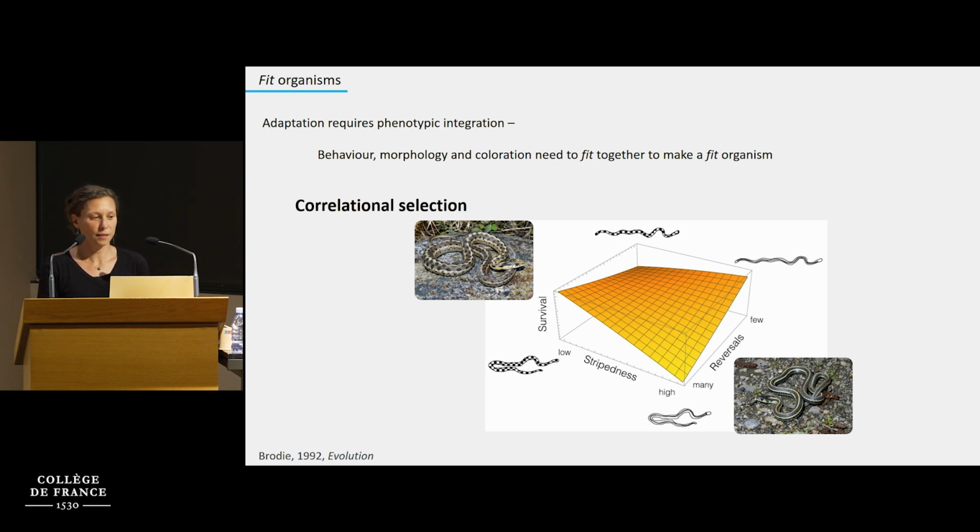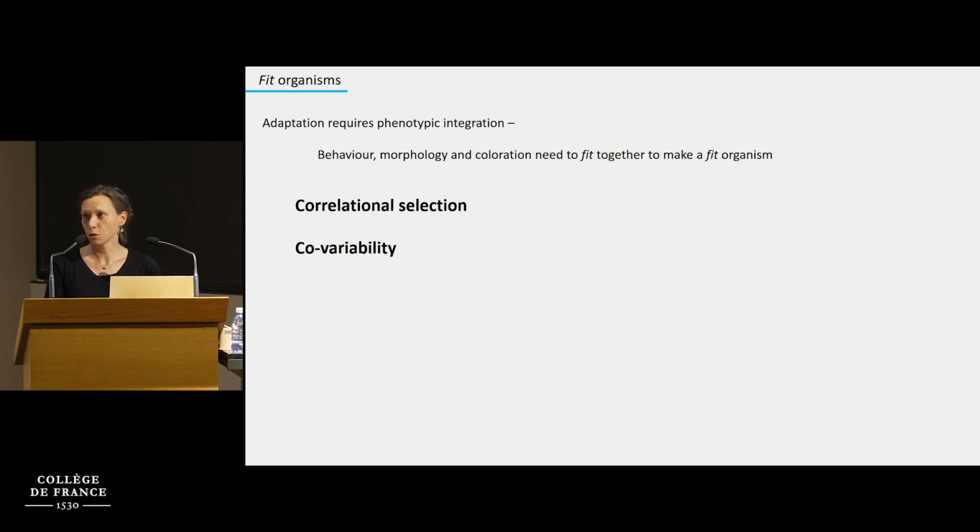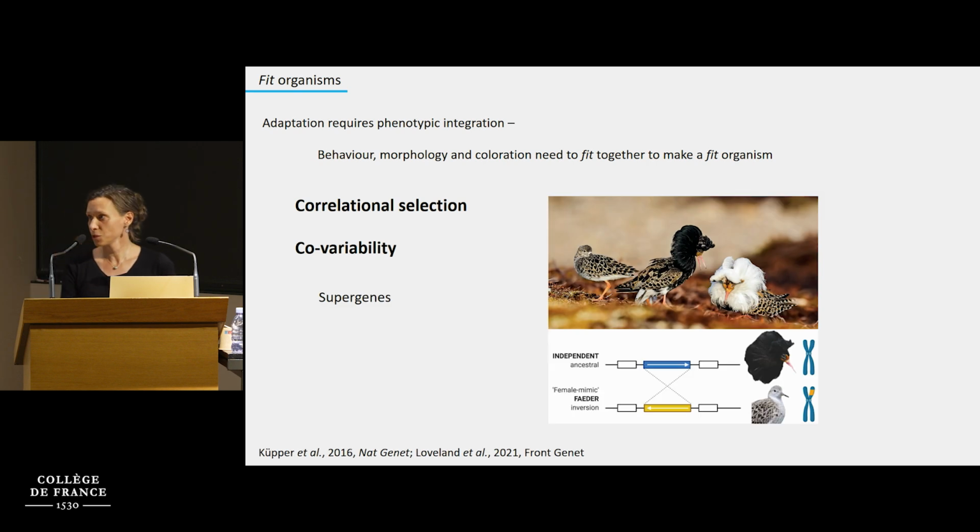And while this can be seen as an external factor that causes trait integration, there are also internal factors that can cause it. These are covariabilities. Covariabilities mean that traits are already integrated when they are produced during development. The most obvious example of this are supergenes.